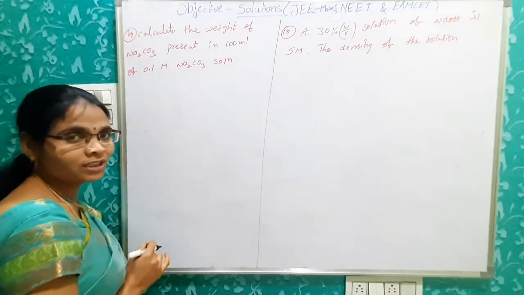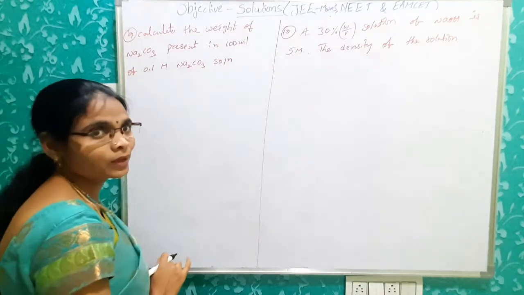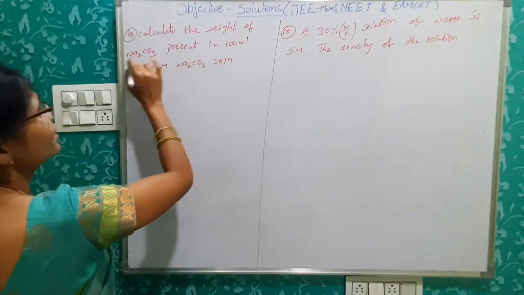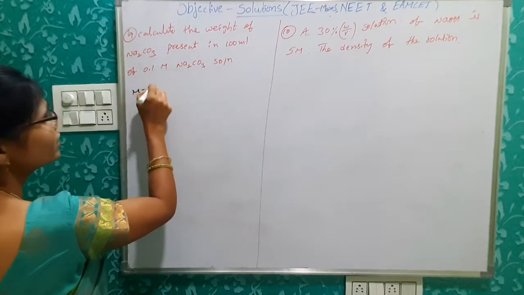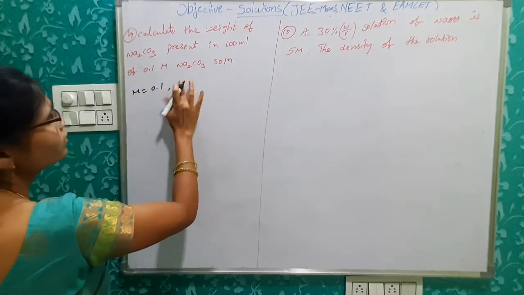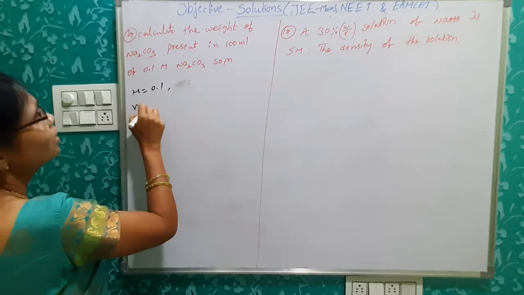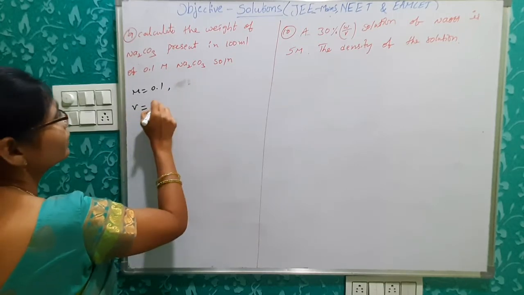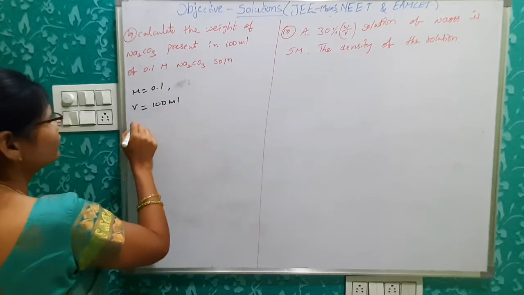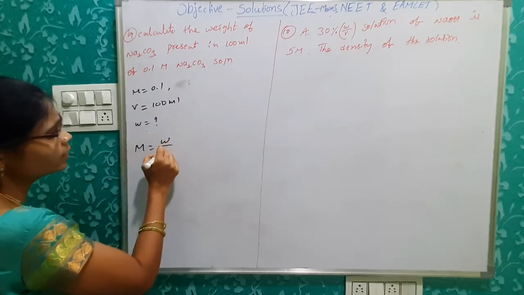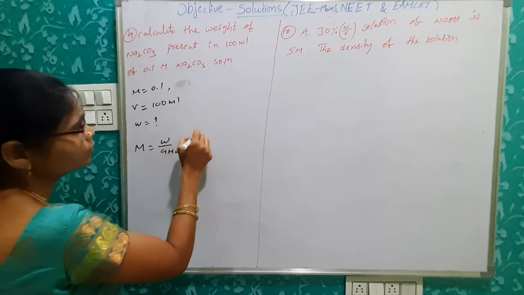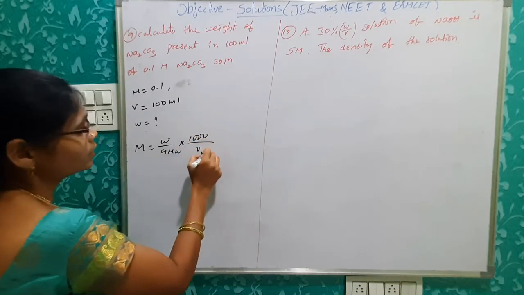I will give you the hint, and you can do it. Okay. Next, calculate the weight of sodium carbonate present in 100 ml of 0.1 M solution. Molarity is given as 0.1. Volume is given as 100 ml. So we have to calculate weight. So what is the formula? Molarity is equal to weight by gram molecular weight into 1000 by V in ml.